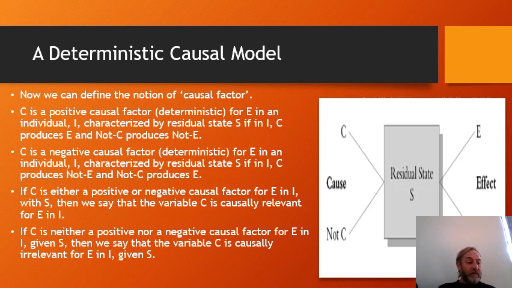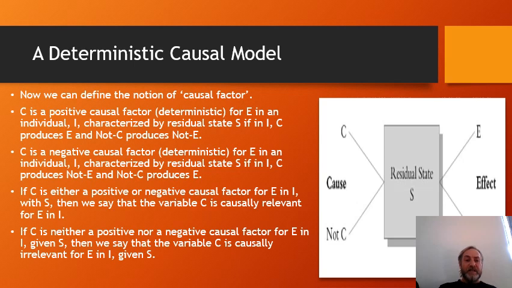A for-sure deterministic case might be: if C is having his head removed, then E is dying. So in that state, having your head removed produces death, and not having your head removed produces not death.